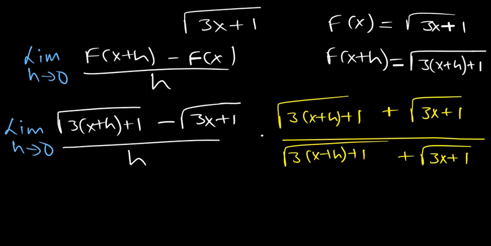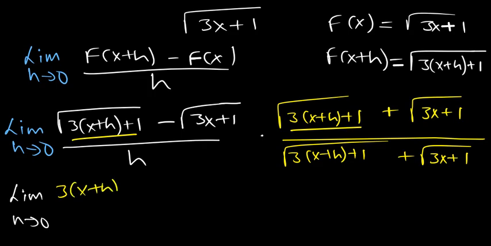For the numerator it will be very easy. This part multiplied by that part, the square root will disappear. You remain with 3x plus h plus 1, and this part times that part will be negative, and what will be in the brackets is 3x plus 1 as well.